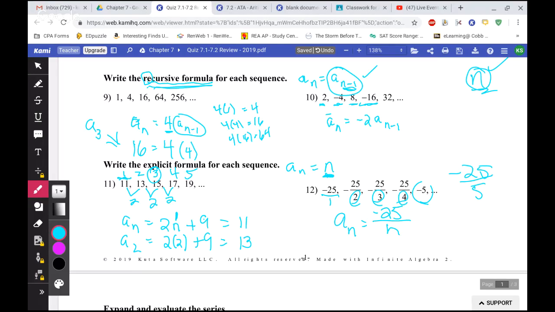And I think just remembering that explicit, I even said this yesterday in class. I was talking to one other student closer to the front.